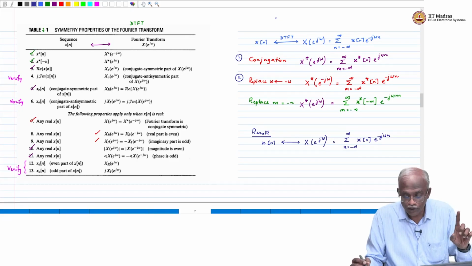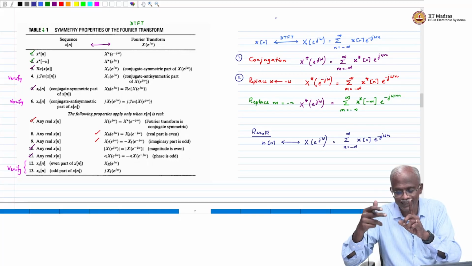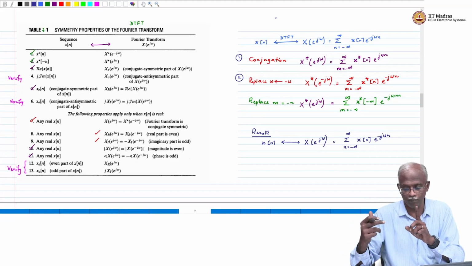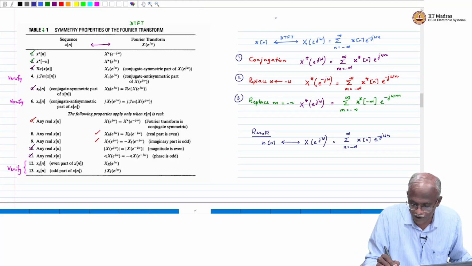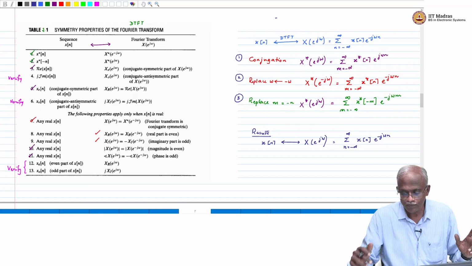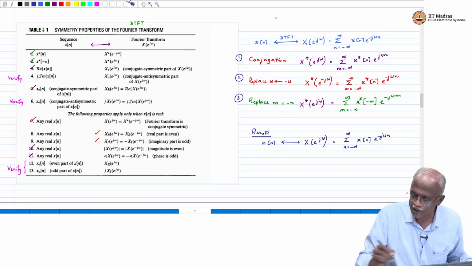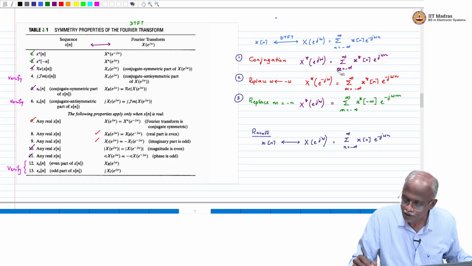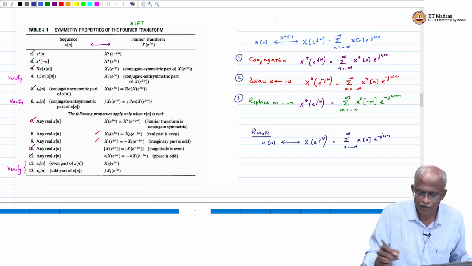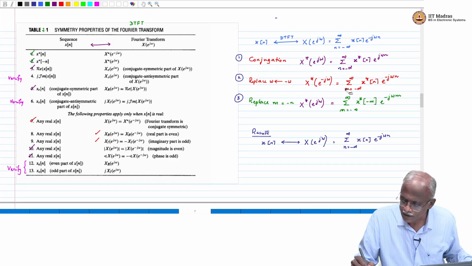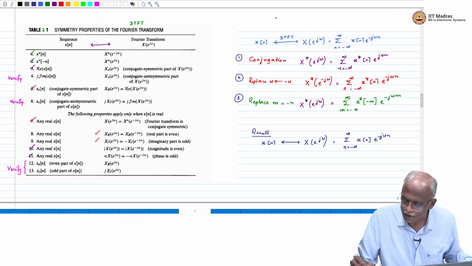Now, after you have done that, instead of replacing omega with minus omega, you can replace n with minus m. That is a third type of modification that you can do. So I think there is a mistake in this one. These should be n. This should be n equal to minus infinity to infinity, and this should also be n equal to minus infinity to infinity.